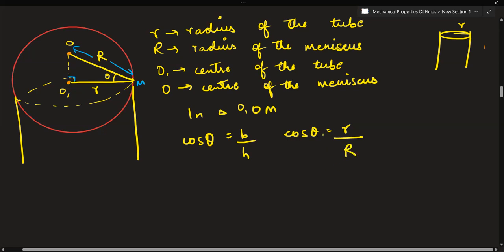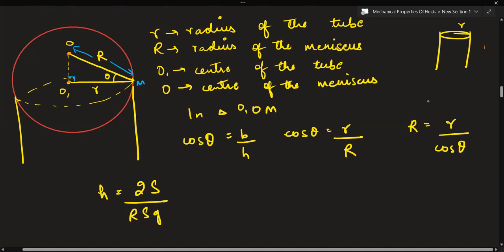Now see, you have a relation between capital R, small r and cos theta. So capital R would be small r divided by cos theta. Now, what was the formula for height? Height's formula was h equals 2S divided by capital R rho g, where capital R was the radius of the meniscus. Now we wish to calculate it in terms of the radius of the tube.